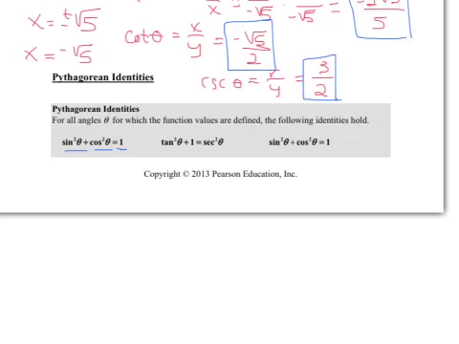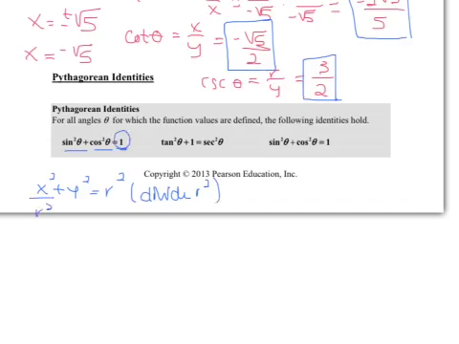Well, when I am trying to find my values, I can say x squared plus y squared equals r squared. The next thing I can do is divide everything by r squared, because r squared over r squared is going to give me my 1.